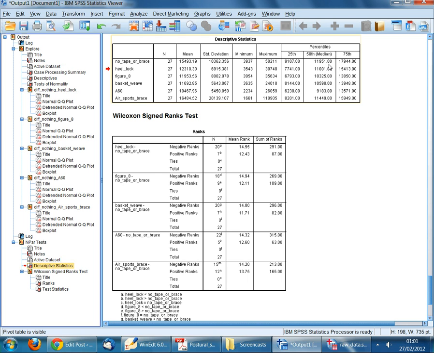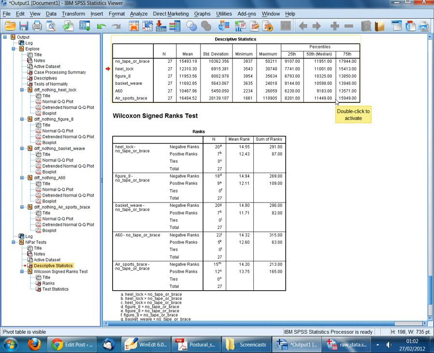So the median for no tape or brace is 11,951 millimeters, and then if I compare this to the postural sway measured with a particular taping or bracing technique, I can basically say that there's generally a reduction. So reduction means improvement.